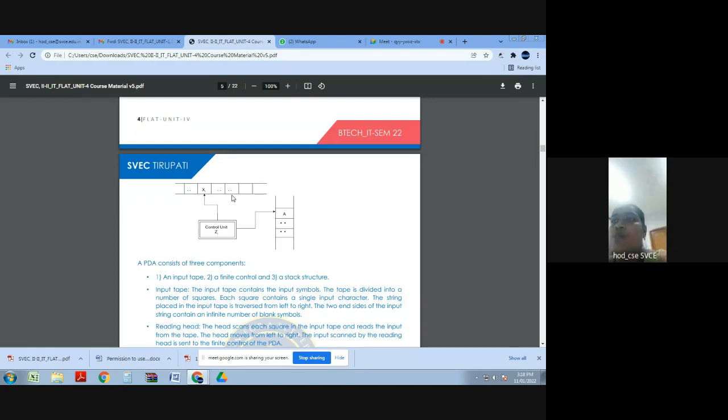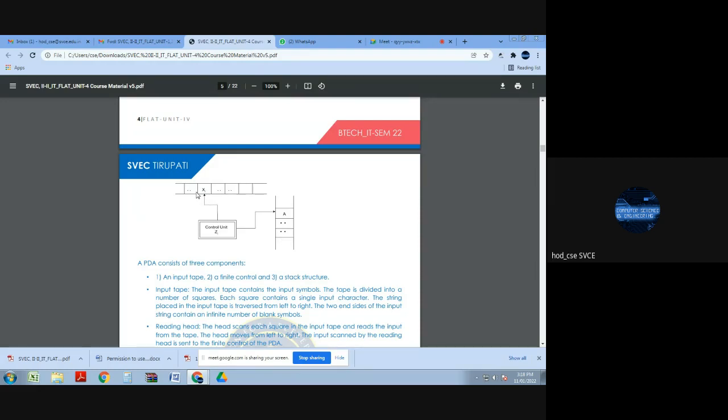Only these two components are present in finite automata. But in pushdown automata, we have one more component, the stack structure, where we can store information. So we have an extra memory concept. FA with stack is known as the pushdown automata. It consists of three components: input tape, finite control, and stack structure.